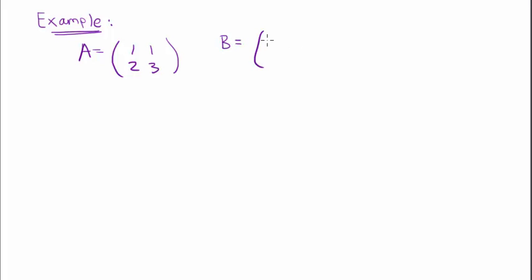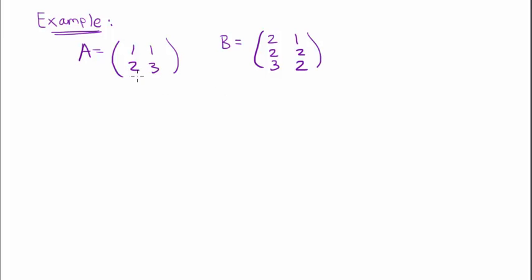Okay, so now I'll actually use this property to figure out the product of two matrices, and I'll do that now. So let's say for this example, we'll start off simple. So let's say A is equal to 1, 1, 2, 3, and B is equal to 2, 1, 2, 2, 3, 2. Well, first of all, let's figure out, can I multiply these two matrices together?